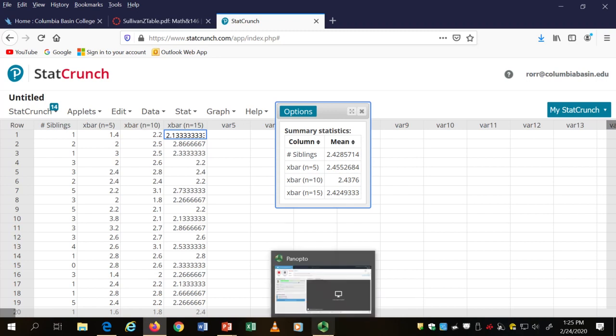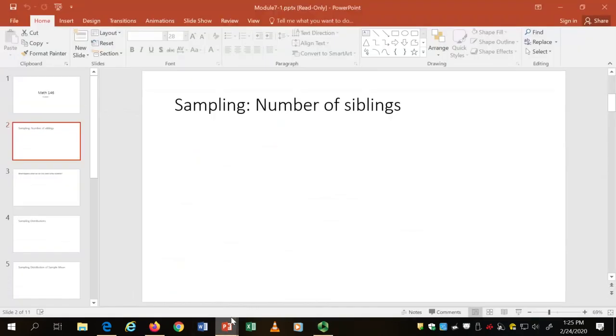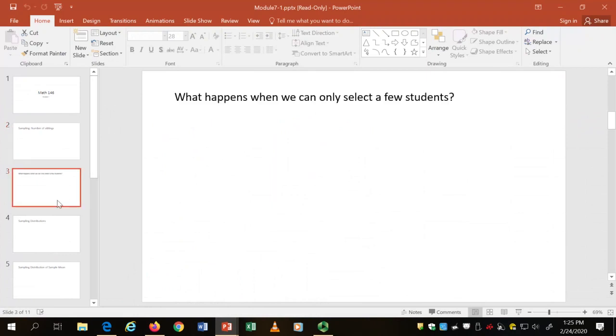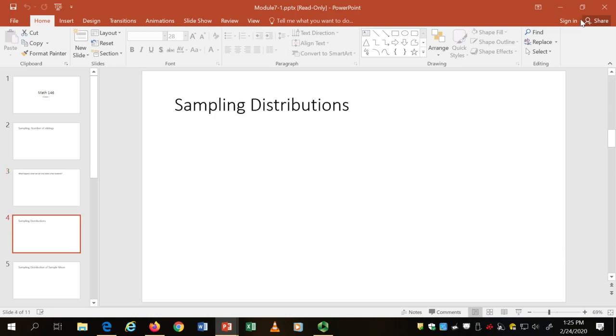Okay. All right. So the whole point of this is basically what we did. Essentially, what we were doing is we were looking at a sampling distribution. Okay. So, if you remember, what's a probability distribution? At or below.